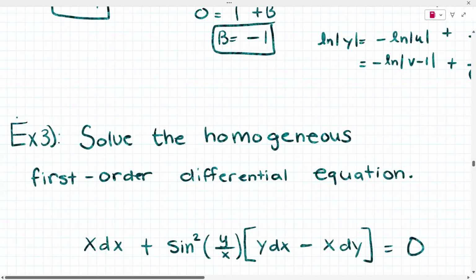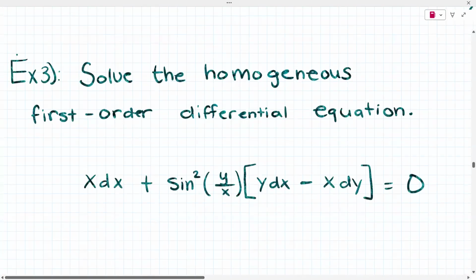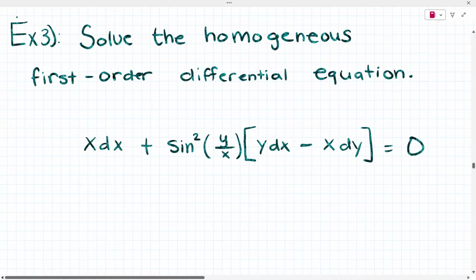Let's move on to example 3. Solve the homogeneous first order differential equation: x dx plus sine square of y over x, parentheses, y dx minus x dy equals 0. What can you say about this problem? It is homogeneous, it's in a different form. So I guess what you would do is FOIL this out.